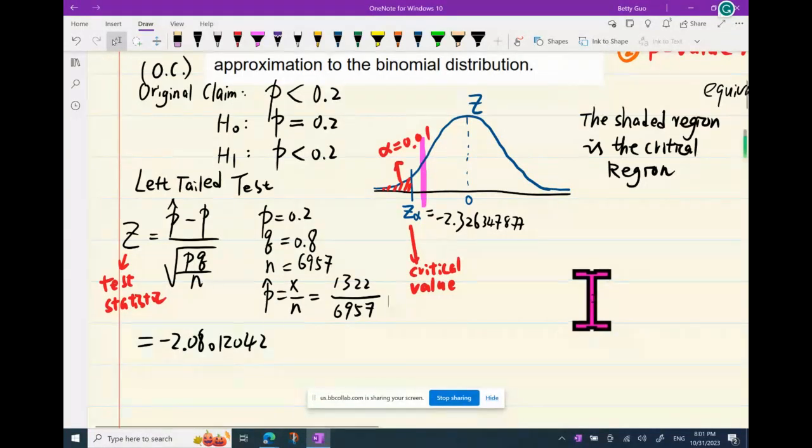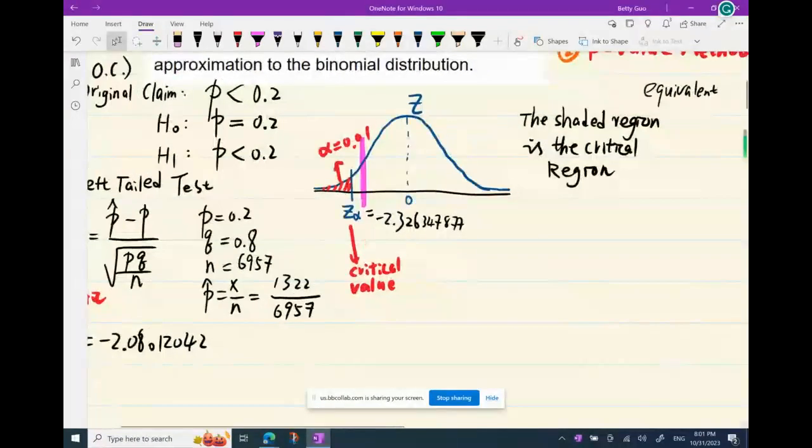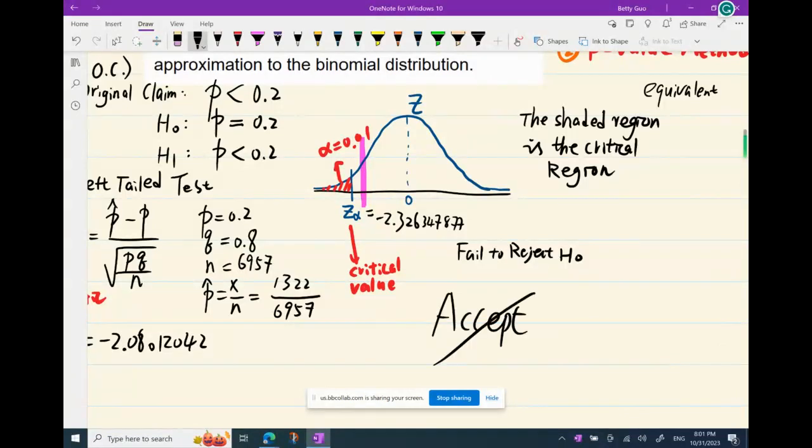When that happens, we say fail to reject the null. We first have to make a decision about reject the null or fail to reject the null. Be careful, we do not use accept. Fail to reject doesn't mean we accept.